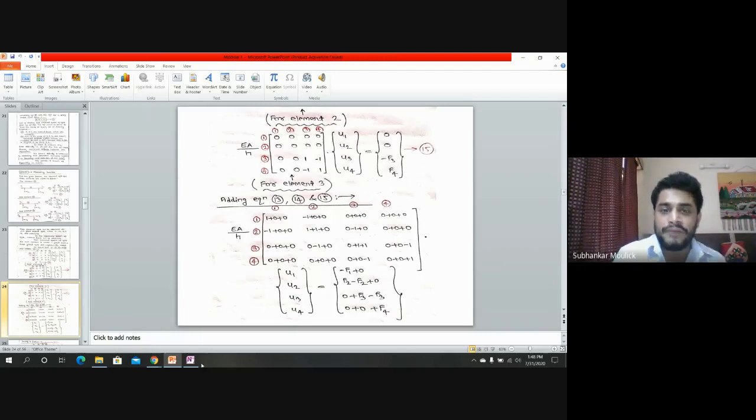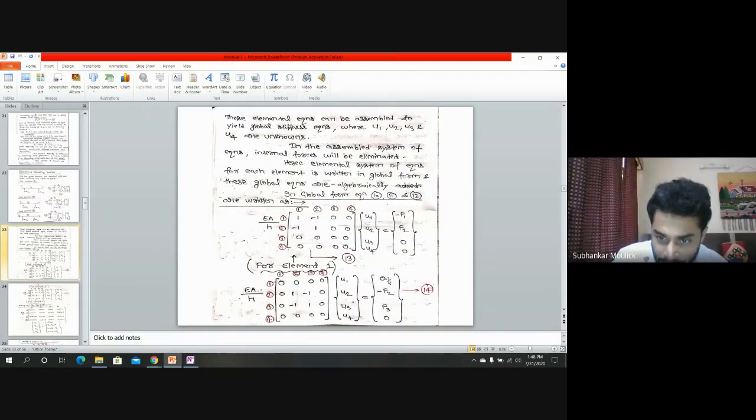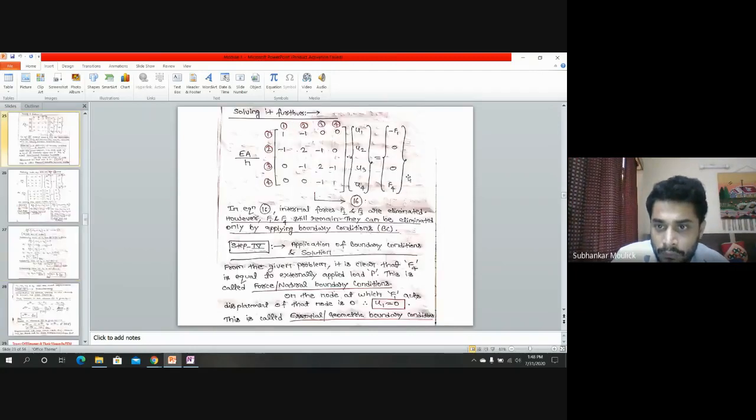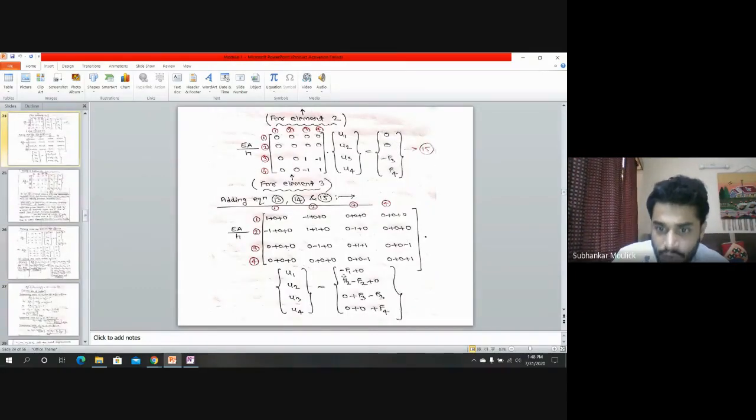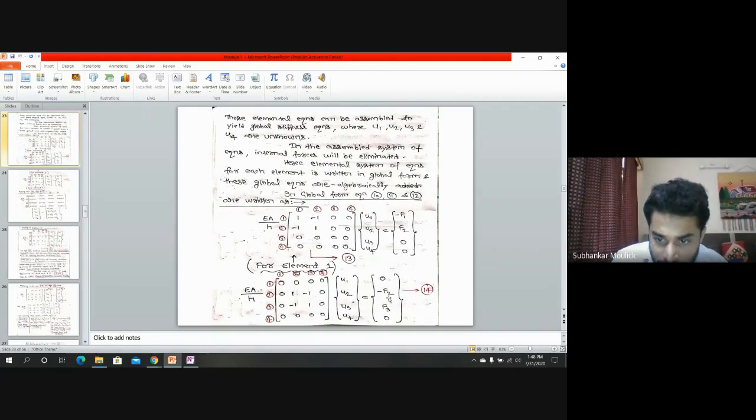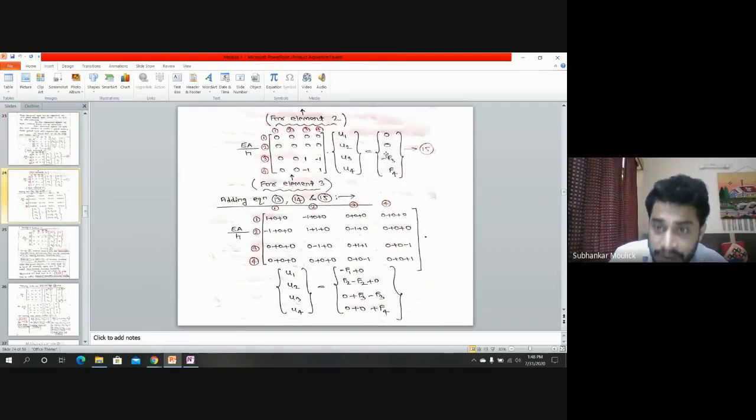For equation number 15, the first row is 0. That means minus f1 plus 0 plus 0 plus 0. So minus f1. Similarly, for the second row, plus f2 from equation number 13, minus f2 from equation number 14, plus 0. That means ultimately the second value will be 0.